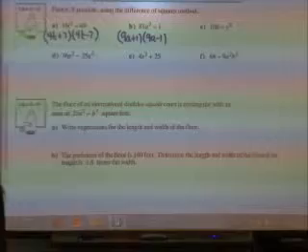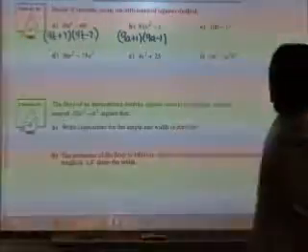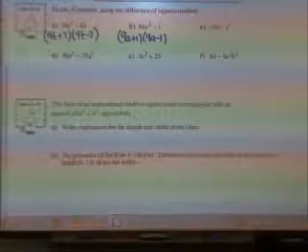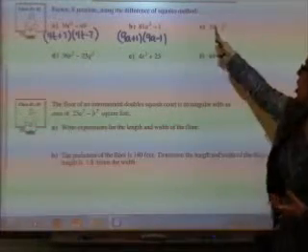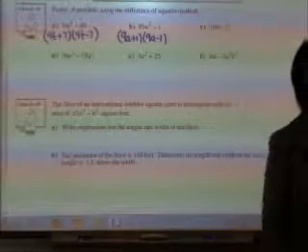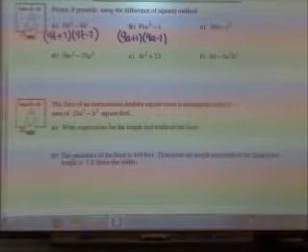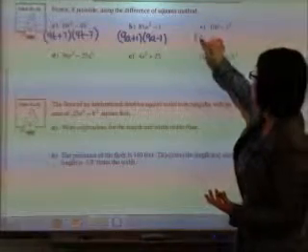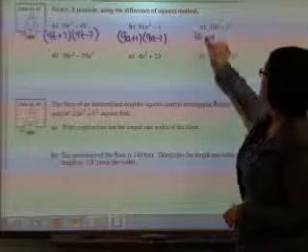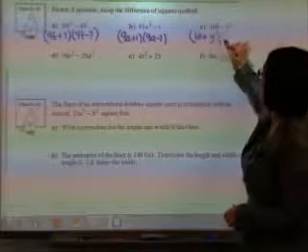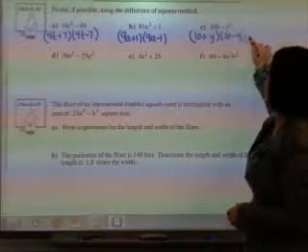C is written backwards to how we usually see it, because we're used to seeing that variable first. But I still ask myself, is this a difference? Yes. Are these two terms perfect squares? Yes. So we take the square root of the first and the square root of the last. One's positive and one is negative.